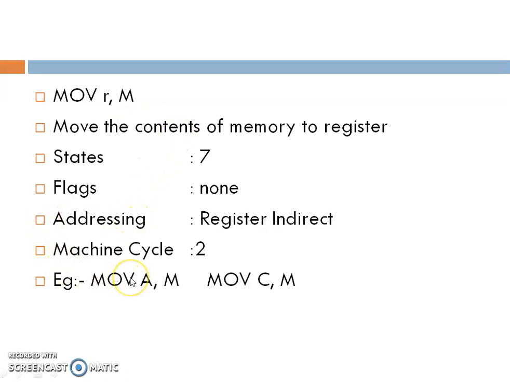Examples of this type are move A comma M. The contents of a memory location are transferred to register A or the accumulator.